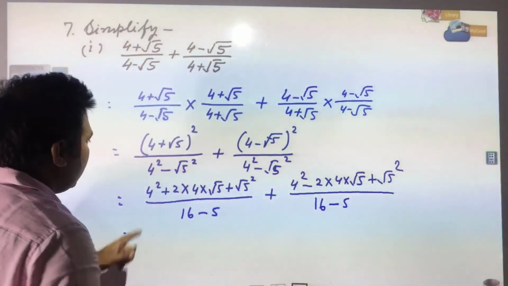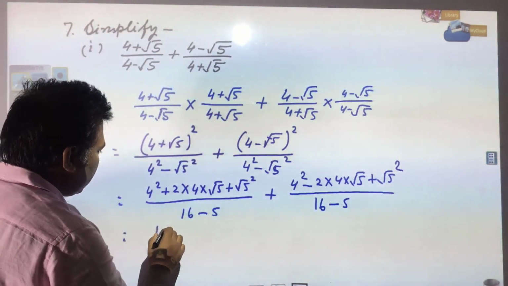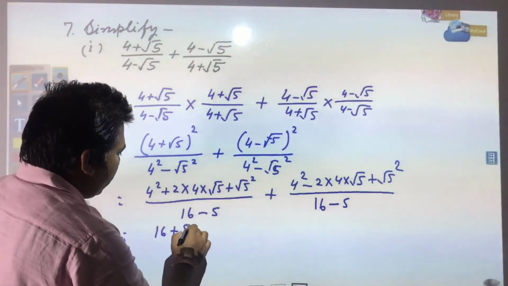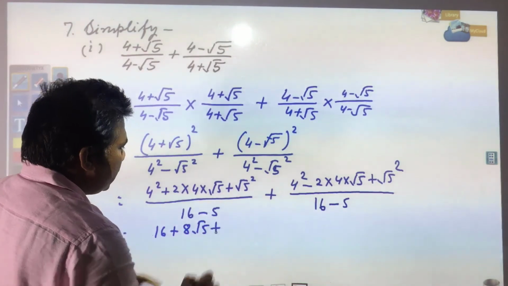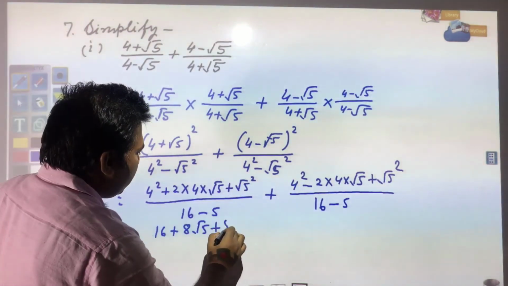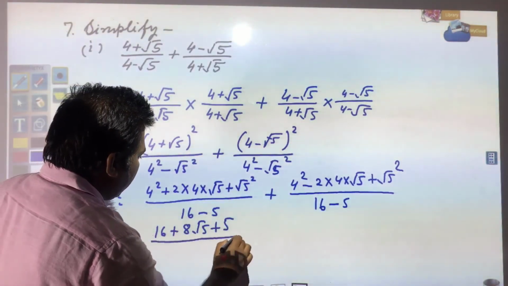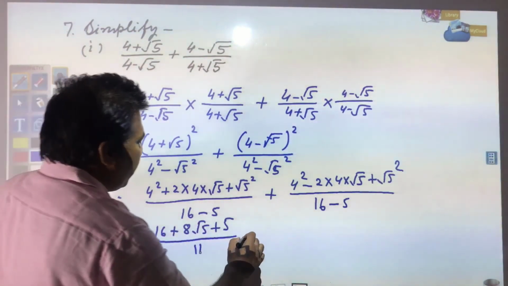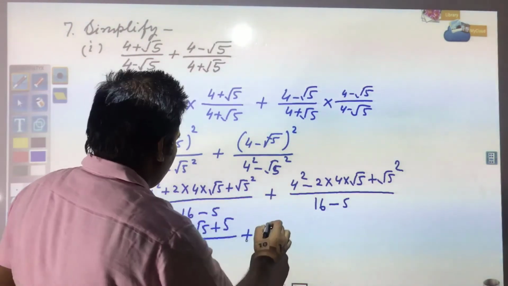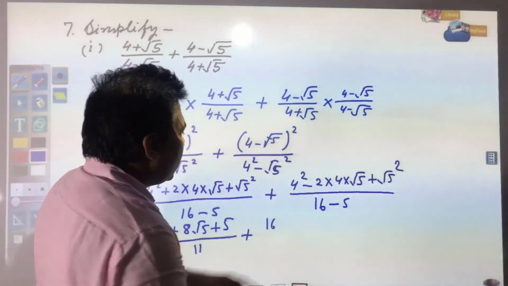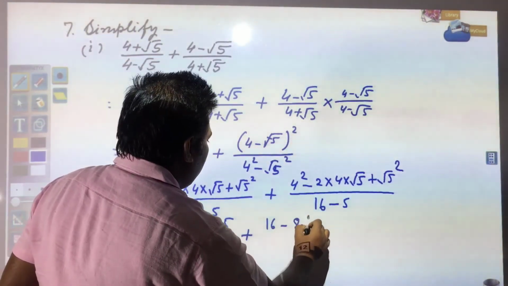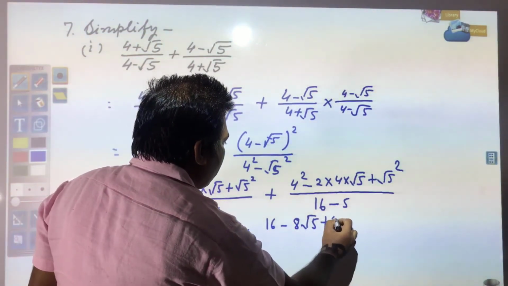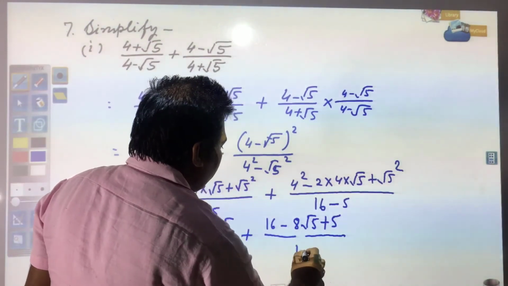Now, you see this is 4 square is 16, plus 2 into 4 is 8 root 5, plus root 5 square means 5, and divided by 16 minus 5 is equal to 11, plus you have 4 square is equal to 16 minus 8 root 5 and plus root 5 square is equal to 5, divided by 11.